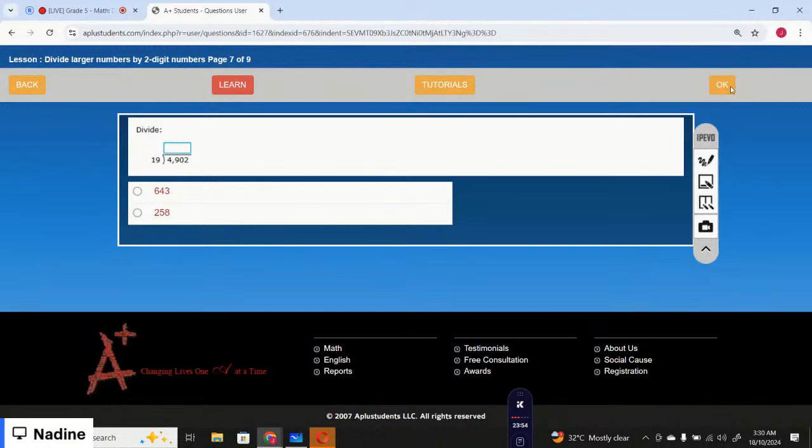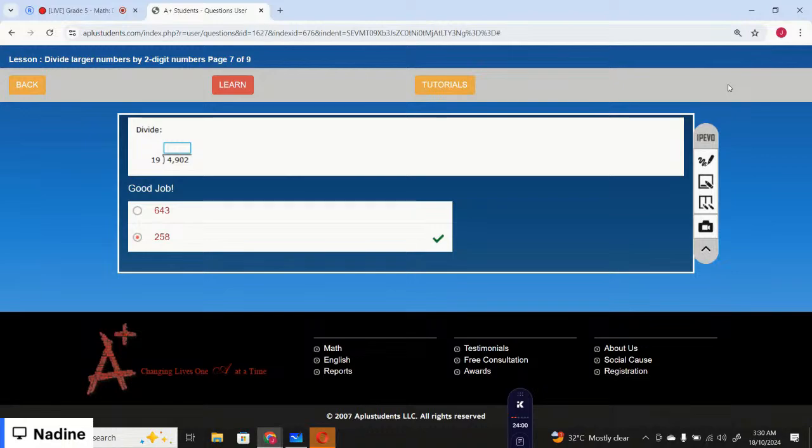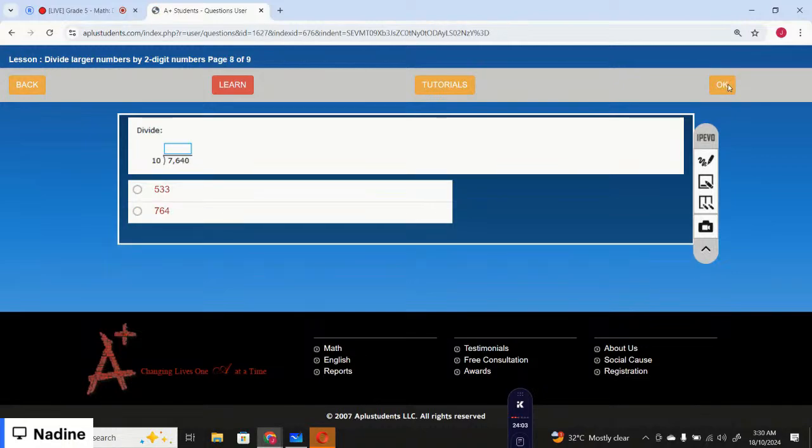Option number 2 is the correct option. Very good. Okay, 7,640 divided by 10, which is the correct option? Option number 2 is the correct option. Got it. That is 764.